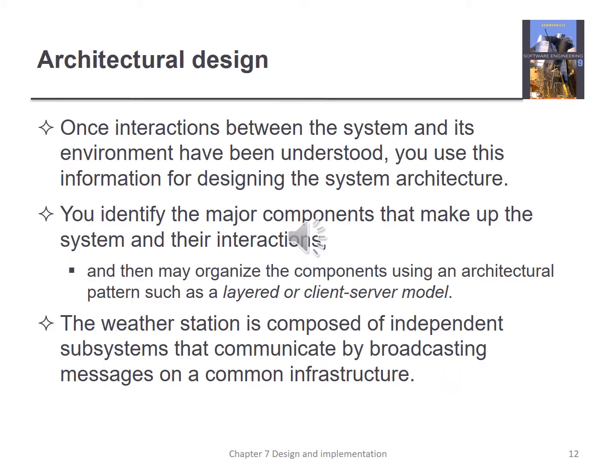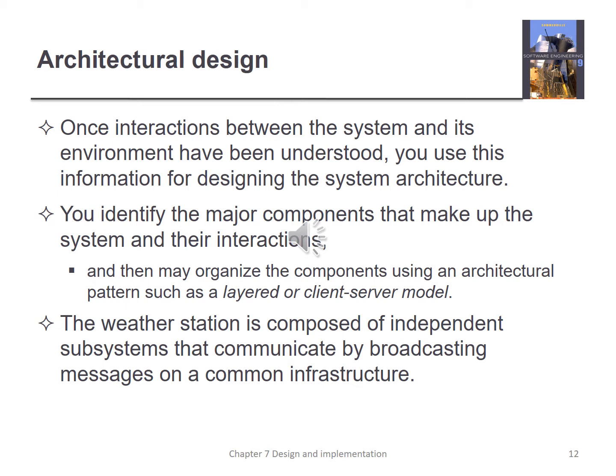Well, right away we'll go to the architecture design for this. Once we understand the interaction between the system components, what we built through the use cases, how they interact with each other, and all this environment, you use this information for designing the system architecture. You identify the major components that make up the system and their interaction.